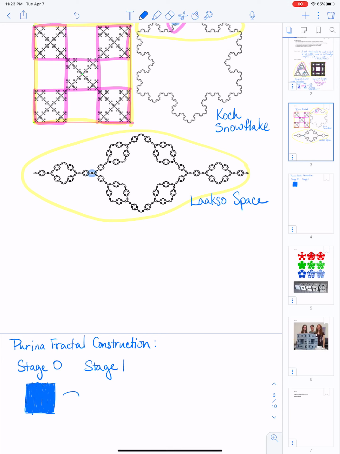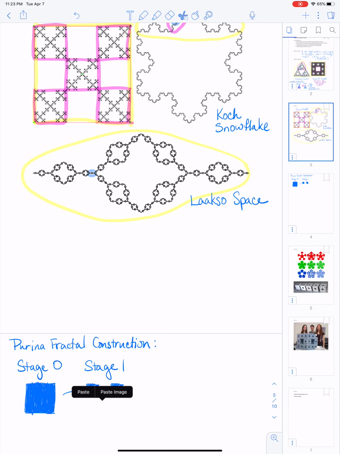To get from stage 0 to stage 1, we just take 5 copies of this square here. I'm going to grab that, copy it, and paste it several times.